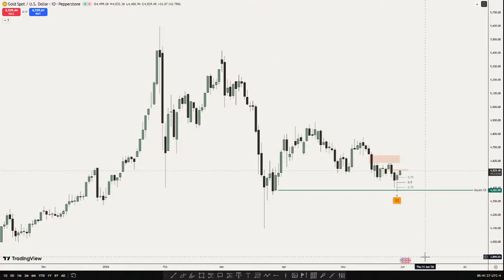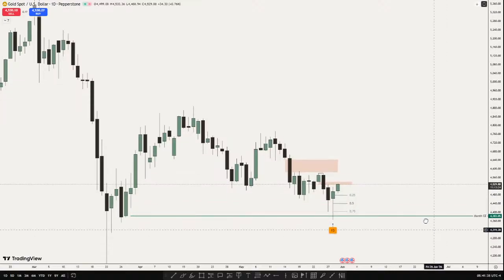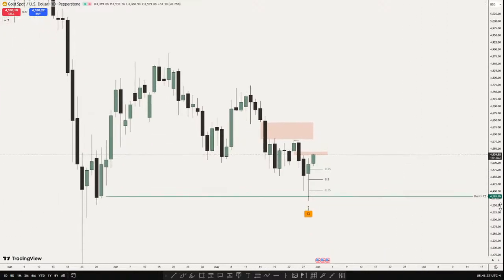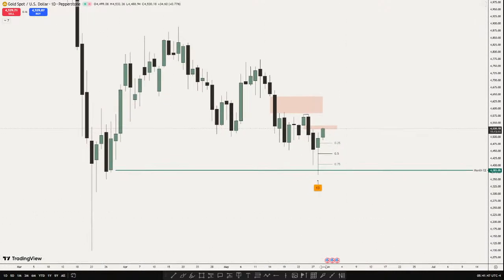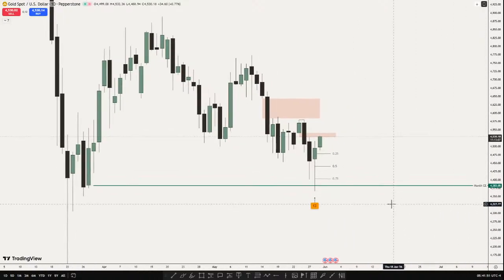That is why I gave you those levels. We tapped into the monthly consequent encroachment, and we know there are buyers sitting here, and the key level is monthly CE. I was expecting price to go bullish from here, which is why I was looking for some longs.